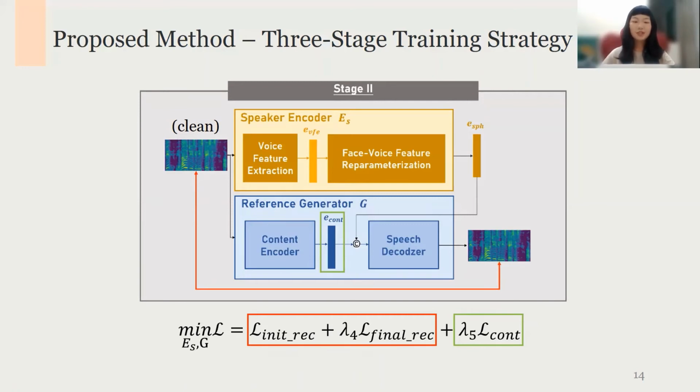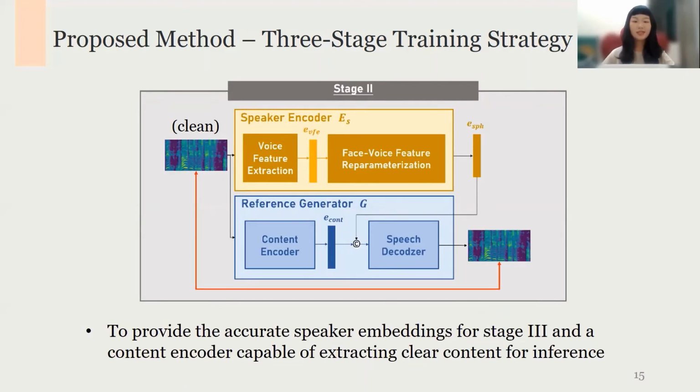Afterwards, the reference generator can synthesize clean speech with speaker embedding sampled from the vocal speaker distribution. The loss function is simple spectrogram and content reconstruction loss. The goal of this stage is to provide the accurate speaker embeddings for stage 3 and extract content from clean speech for inference.